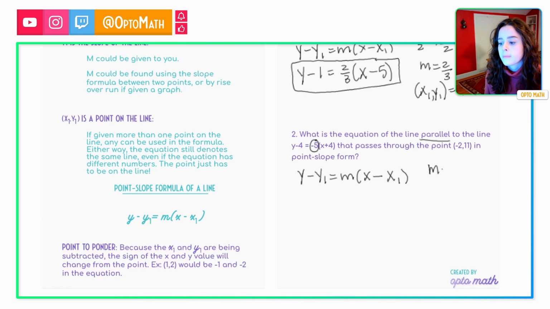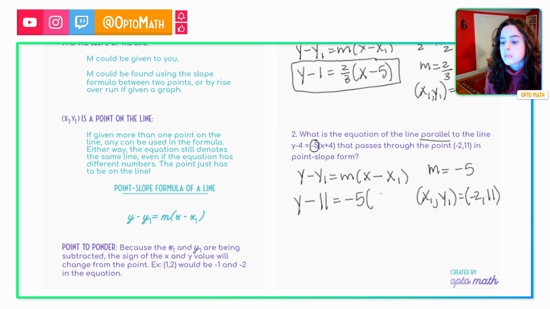So our slope, m, is -5, and our x1, y1 is simply the point that's given to us. That's -2, 11. Okay, so y minus the y value, which is 11, equals -5, which is our slope, times x minus the x value.